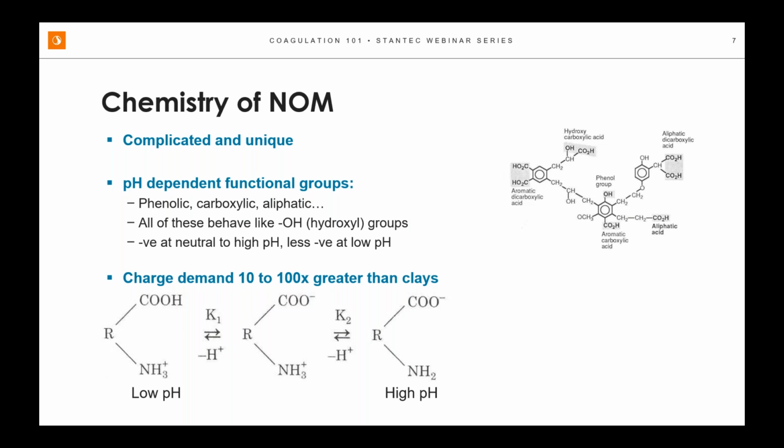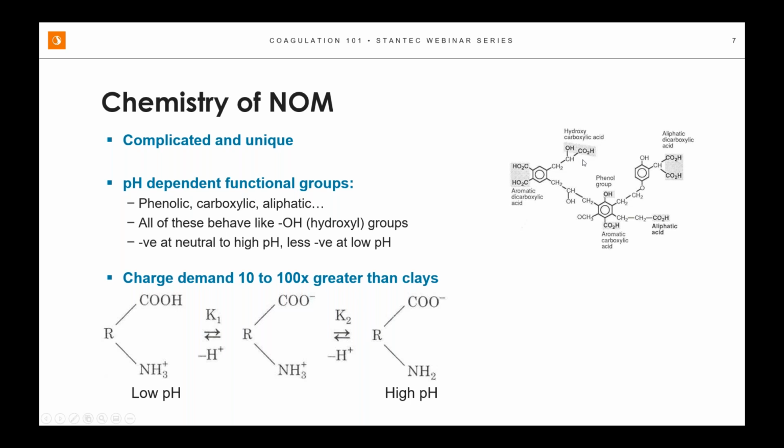Similar situation with NOM. The natural organic matter in each water supply is unique. It's very complicated. This is a conceptual sketch of a humic acid type molecule, and it doesn't really matter what it looks like except it's big and it has a lot of different functional groups in there.